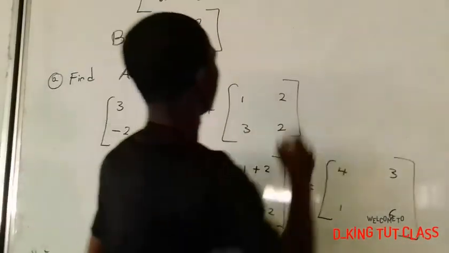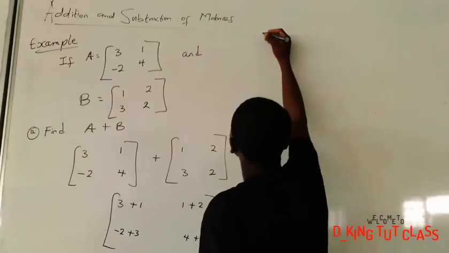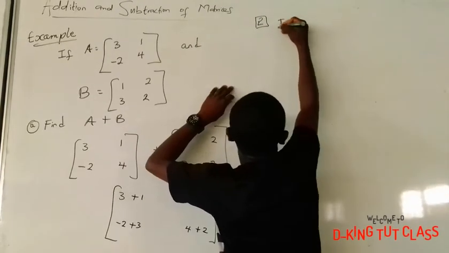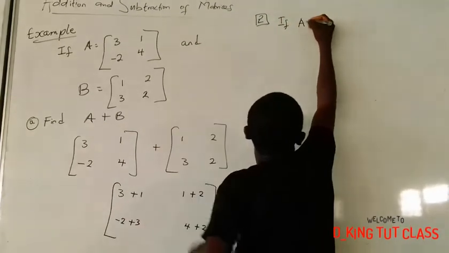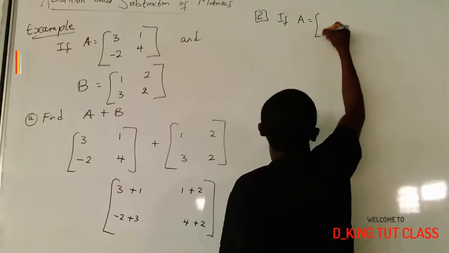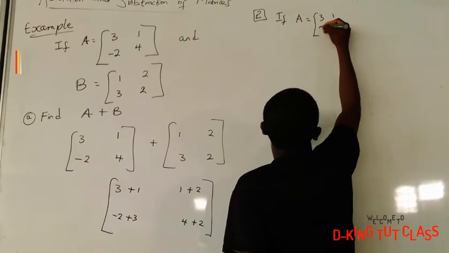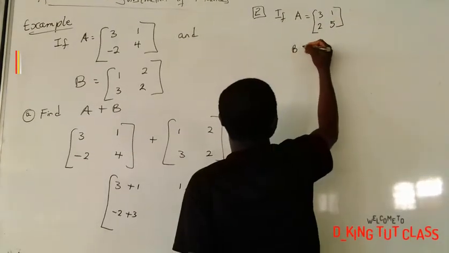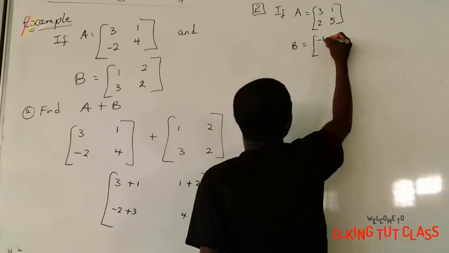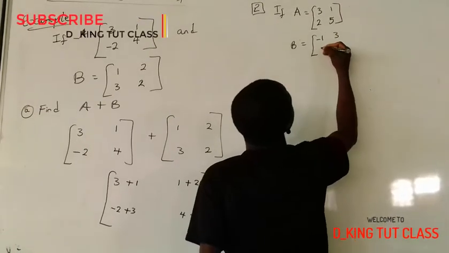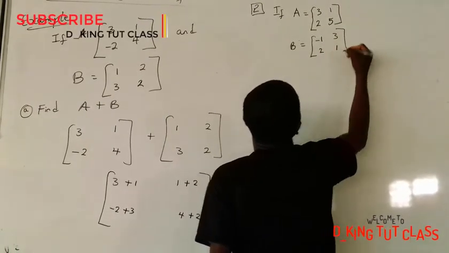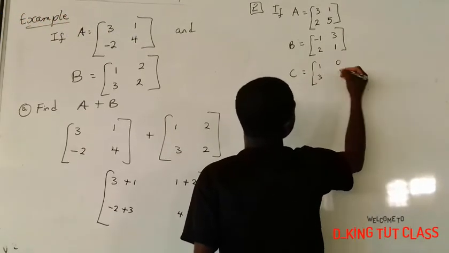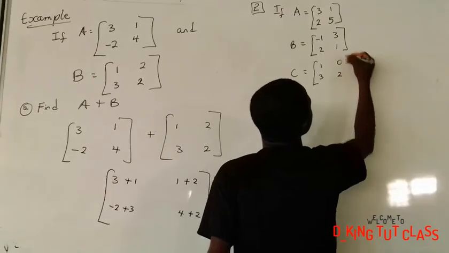So let's see another example. If my A is 3, 1, 2, 5, B is minus 1, 3, 2, 1, and they give us C to be 1, 0, 3, 2.